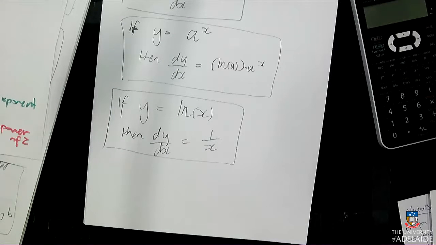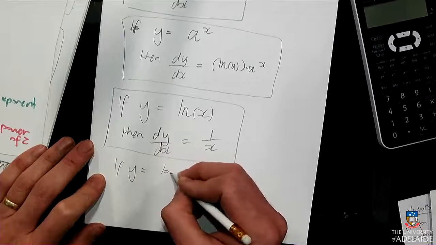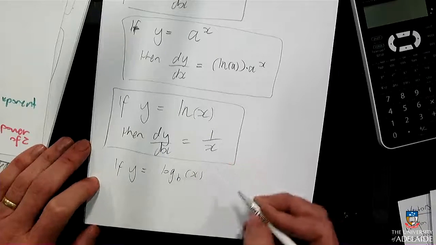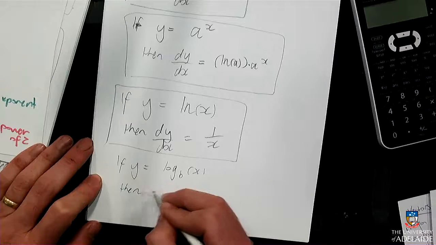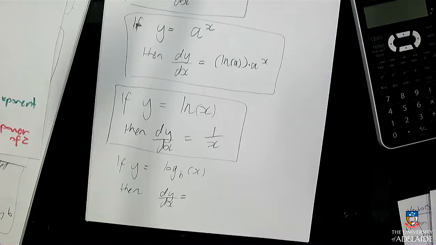Okay, but David, what if it was log base b? Well, if you really want a rule for that, you can figure it out. I know how to figure that out using the change of base law, but it's going to come out to this.